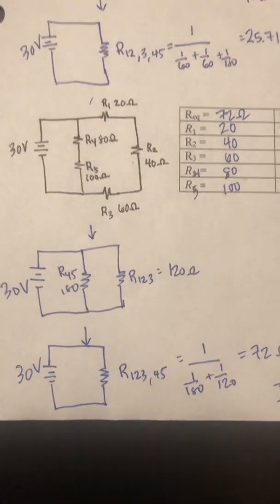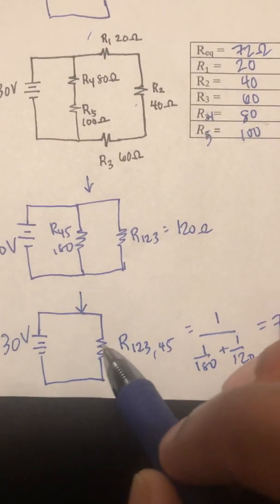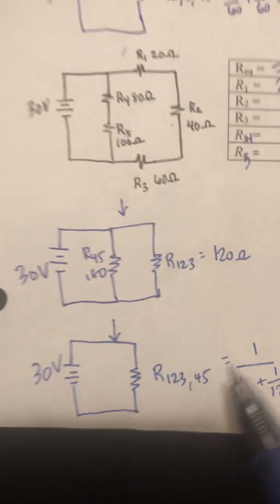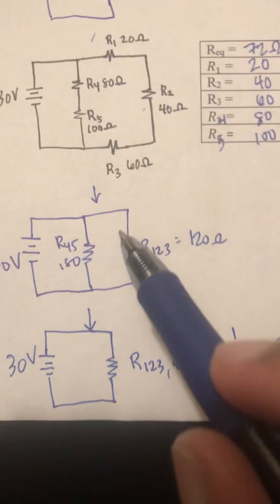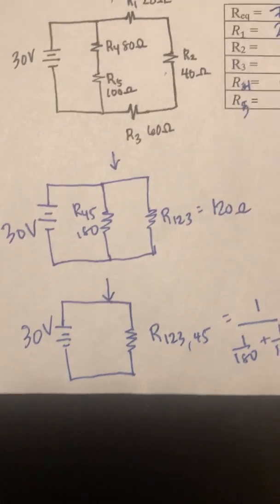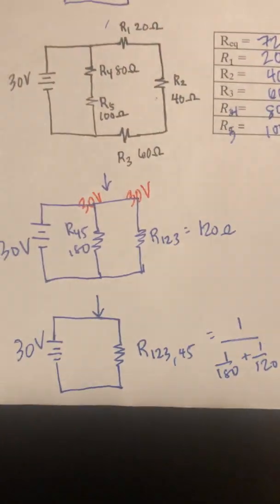Now, let's start to work backwards. If this is 30 volts, this gets all of it. So how did I combine this? I combined this in parallel. So the voltage here is going to be equal to those voltages. If this is 30 volts, then that's 30 and that's 30. 30 volts, 30 volts.